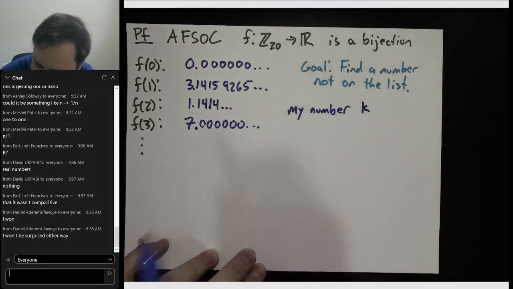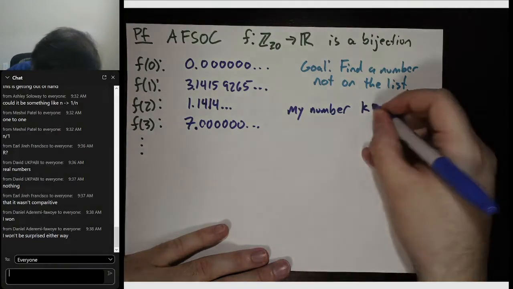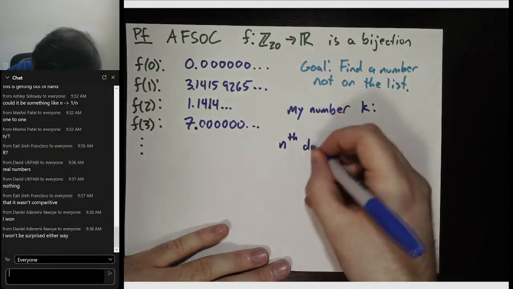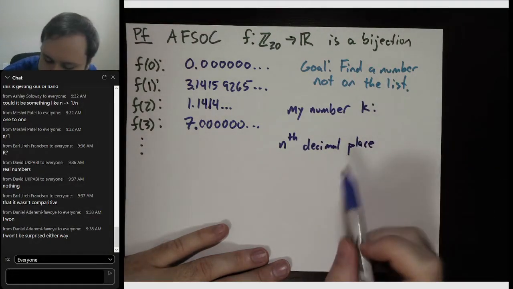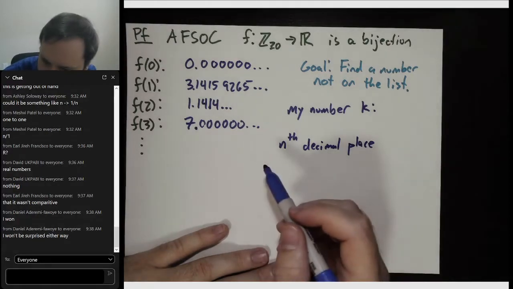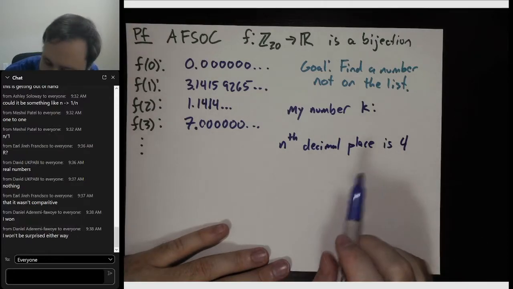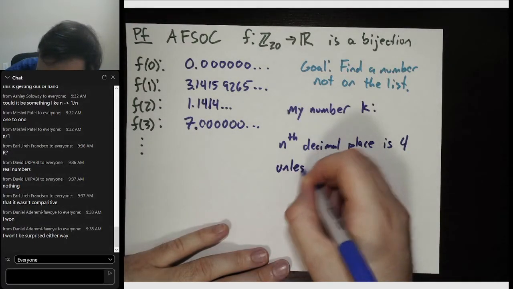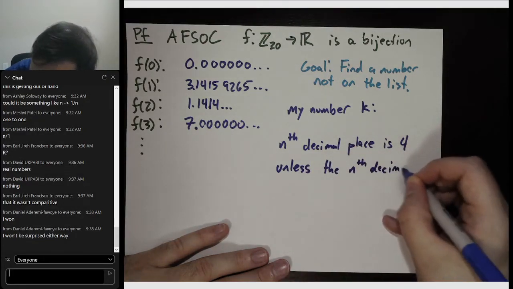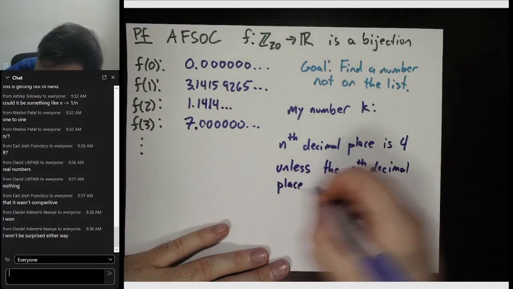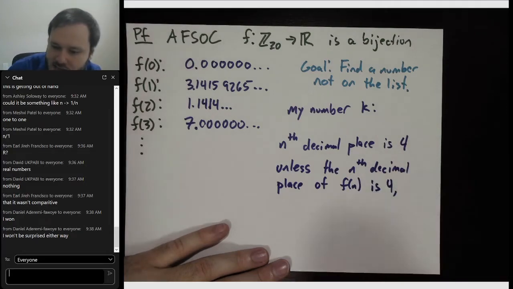The nth decimal place is a 4, unless the nth decimal place of f of n is 4, in which case I have a 5.